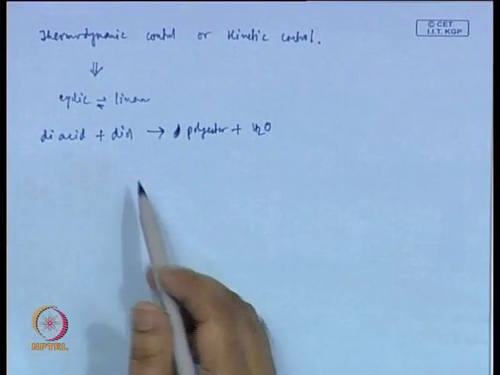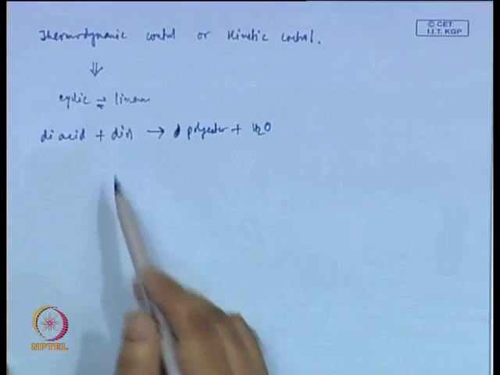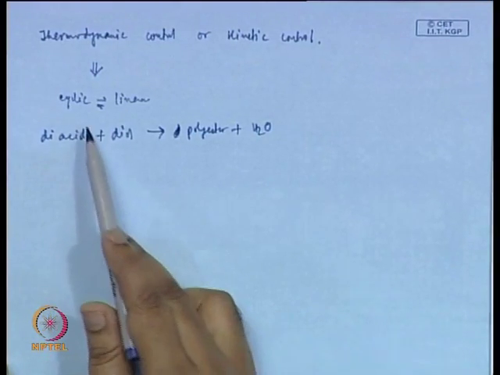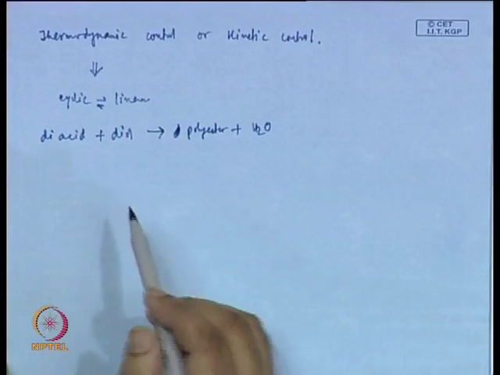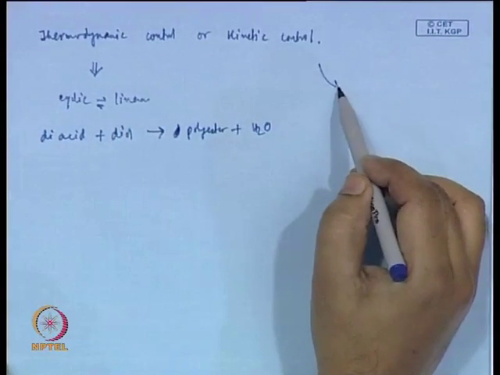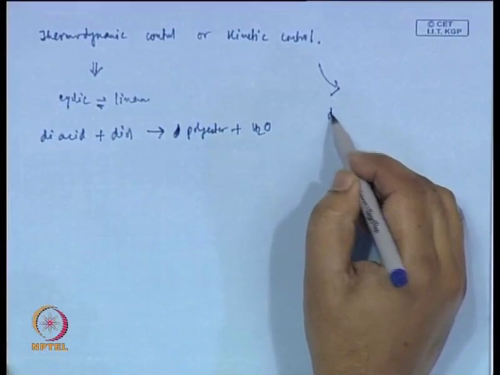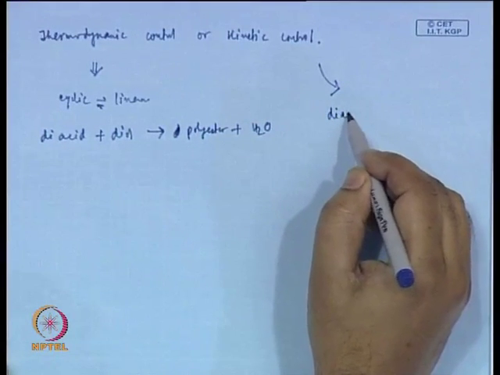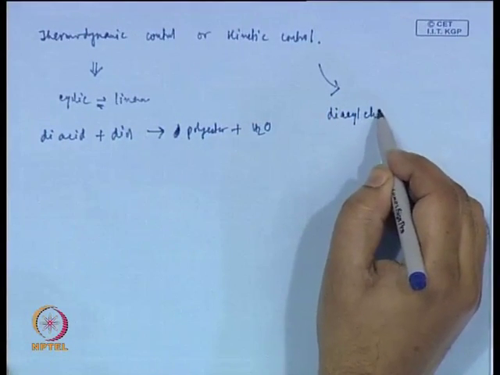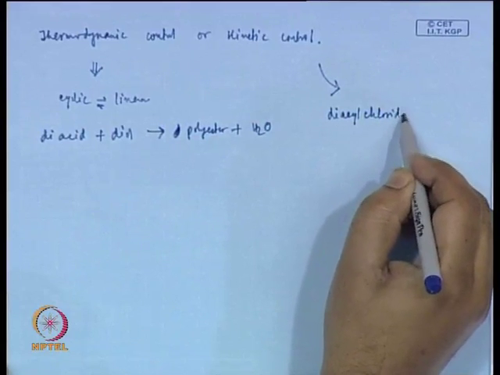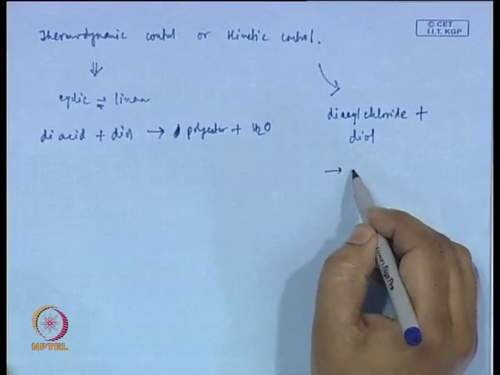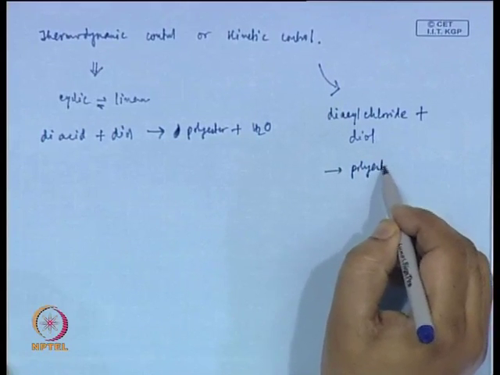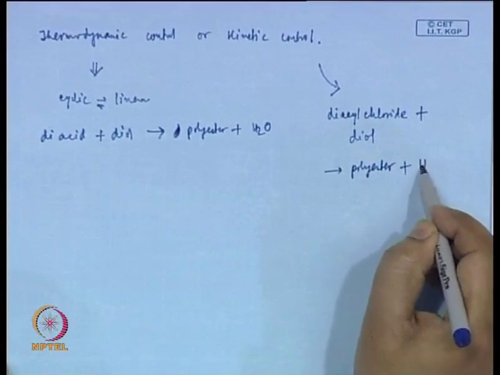So in this case the reaction proceeds maintaining an equilibrium between cyclic and linear polymerization. In case of kinetic control, as I said, it does not maintain equilibrium. For example, if you have a diacyl chloride plus diol, which forms polyester plus HCl.